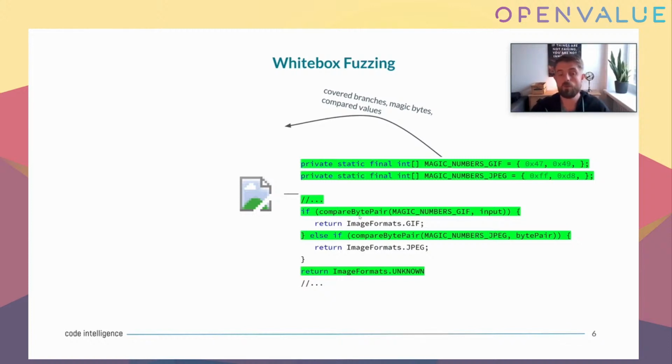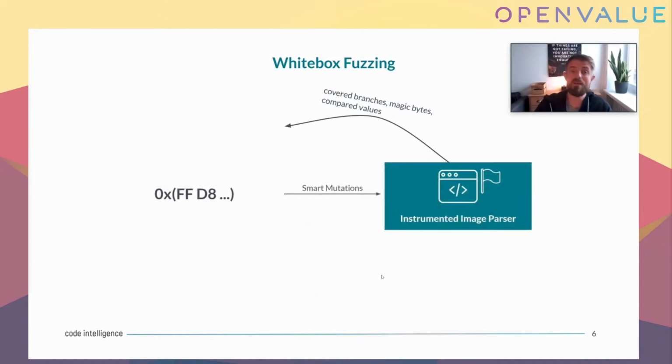And what you see here, because we gave 0 as an input, is that you compare it with 4749, FFD8, and because none of the conditions is true, you are in the else branch, that you have an unknown file format. And as I said, we give it as feedback to an AI algorithm within the fuzzing engine.